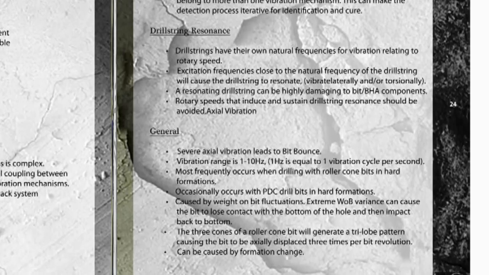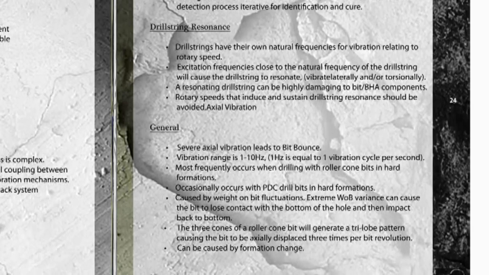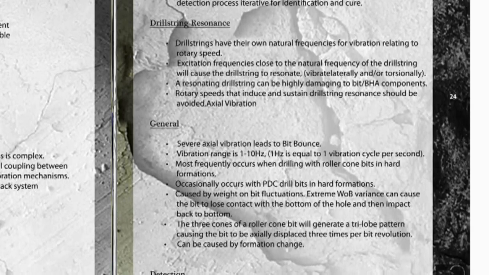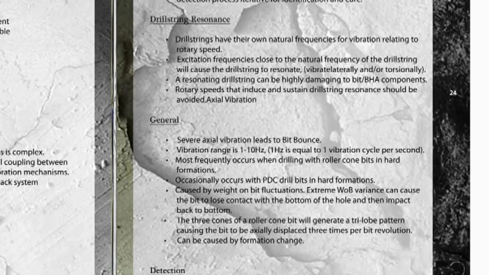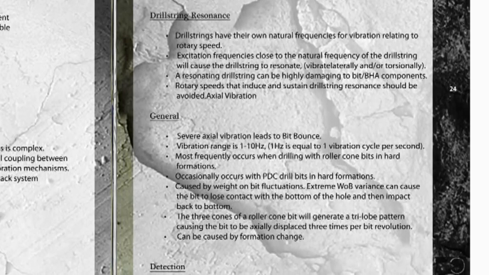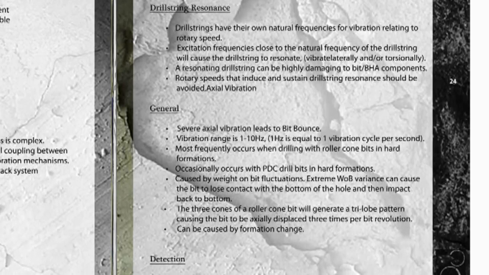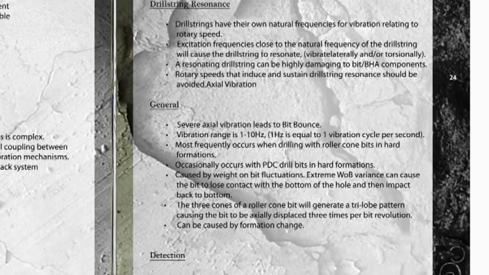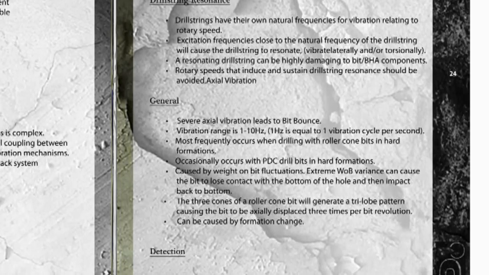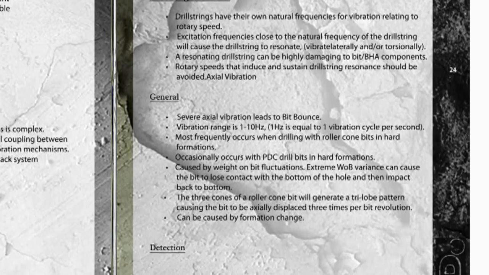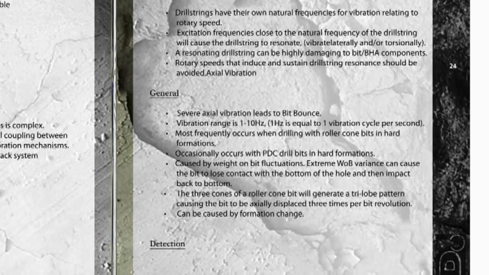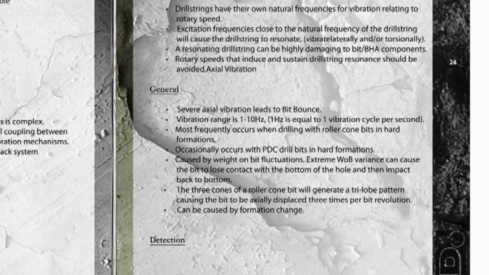Axial vibration. General. Severe axial vibration leads to bit bounce. Vibration range is 1 to 10 Hz. 1 Hz is equal to 1 vibration cycle per second. Most frequently occurs when drilling with roller cone bits in hard formations. Occasionally occurs with PDC drill bits in hard formations.